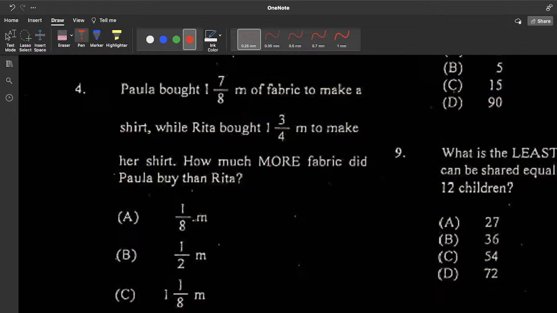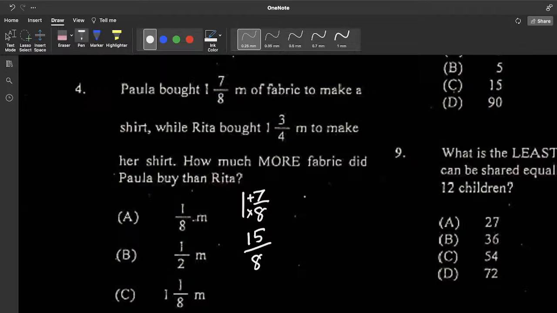So this one here that we have is going to be 1 7/8. So we have to convert that. 1 times 8, that's the first thing we need to do, then we add it to 7. So 1 times 8 is 8, plus 7 is 15 over 8.